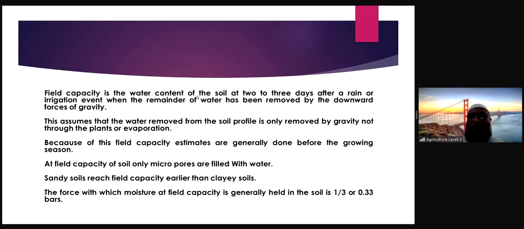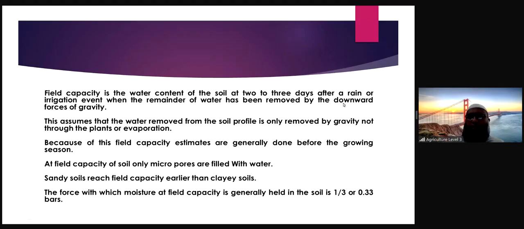Field capacity is the water content of the soil at 2 to 3 days after a rain or irrigation event, when the remainder of the water has been removed by the downward force of gravity. It is simply the loss of water if you just saturated the soil.